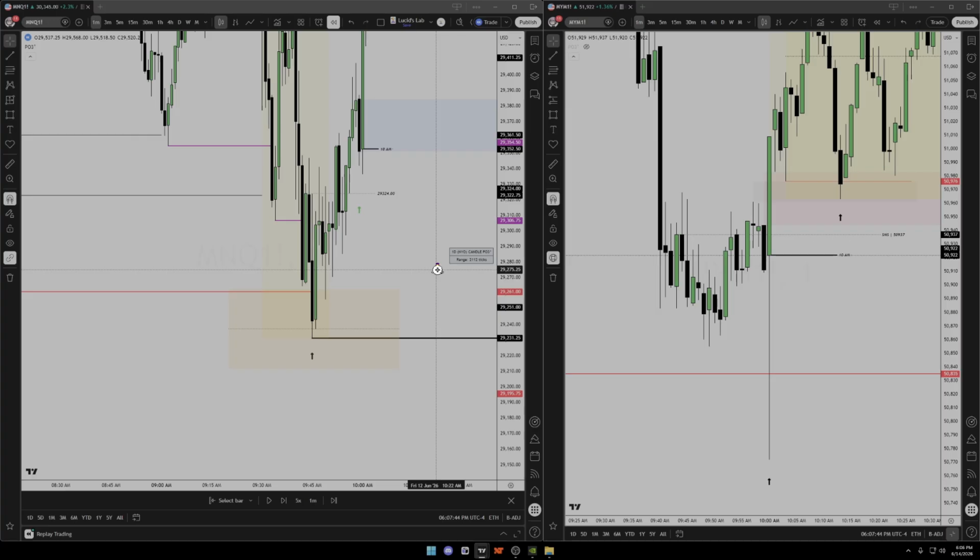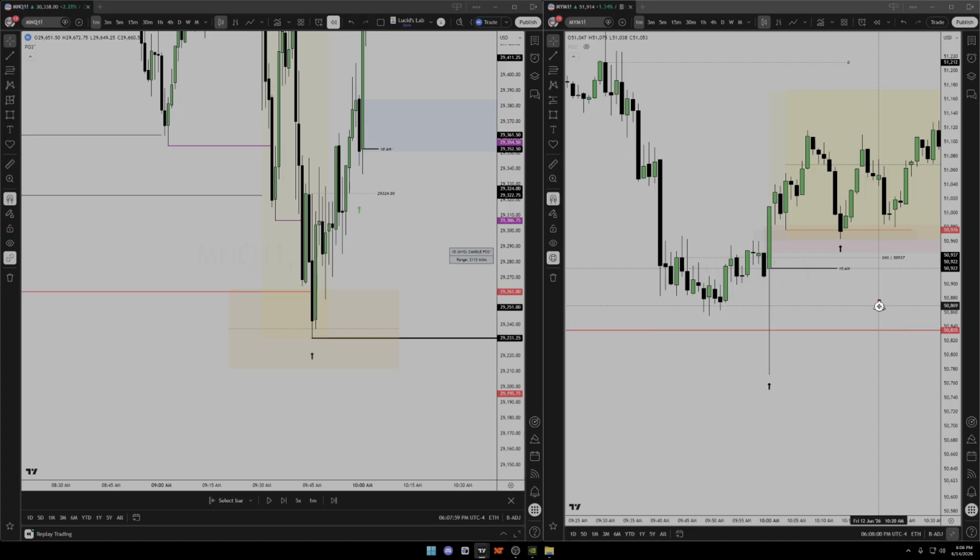So we're already seeing bits and pieces of the future with ES and NQ before it taps YM, and then YM eventually gets down to dealing its business down there, and then it completely flips and it goes long for the remainder of the day.